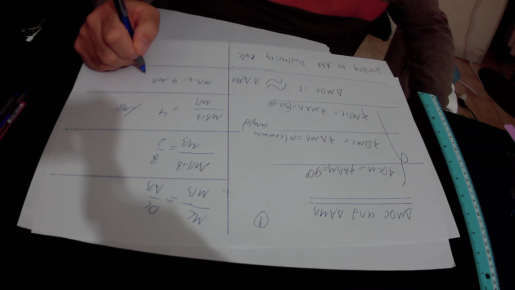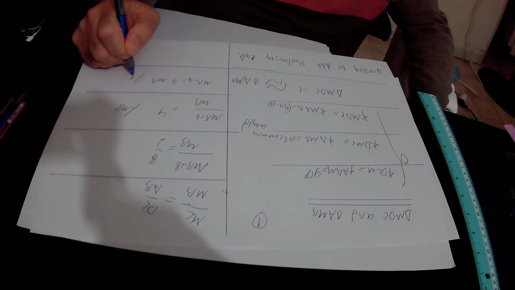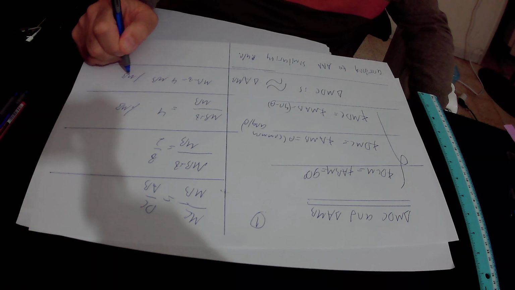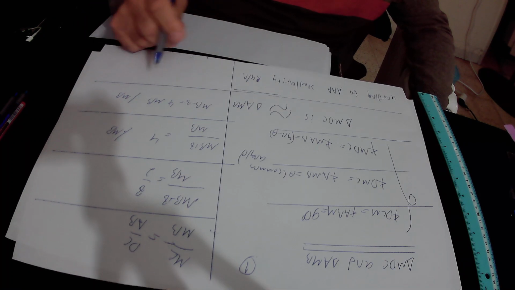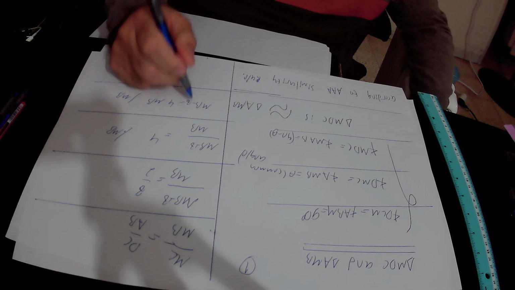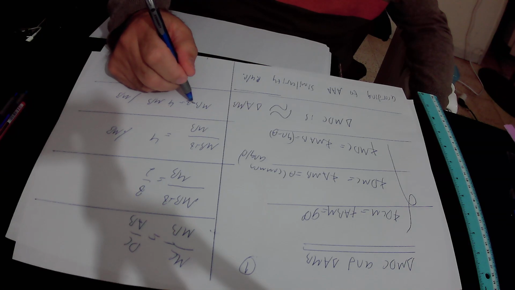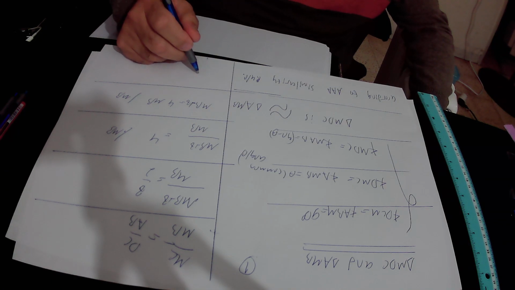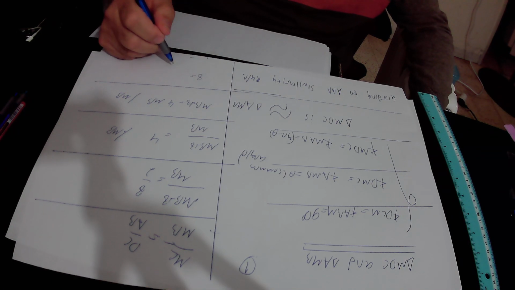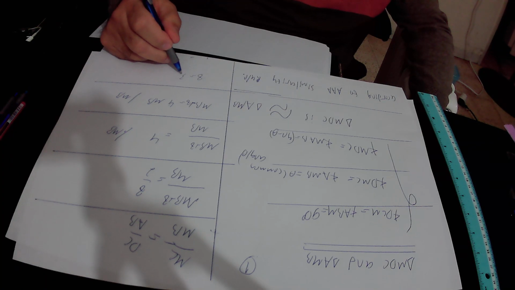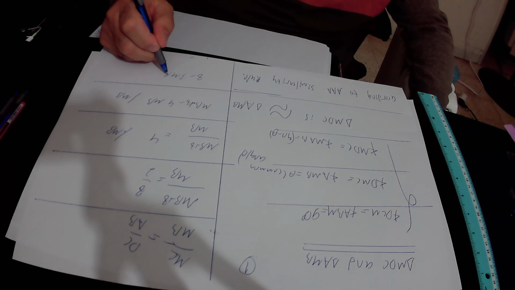Here we subtract MB from the equation, and we get 8 equals 4MB minus MB, which is 3MB. 8 equals 3MB.